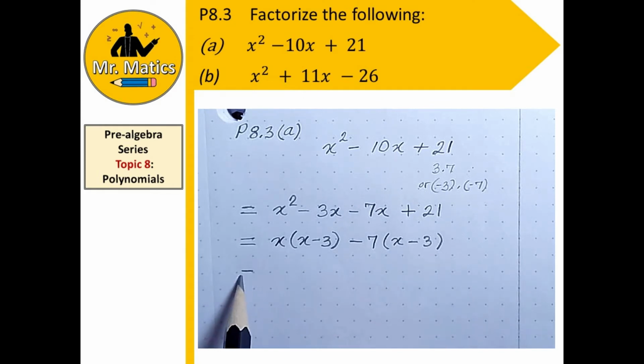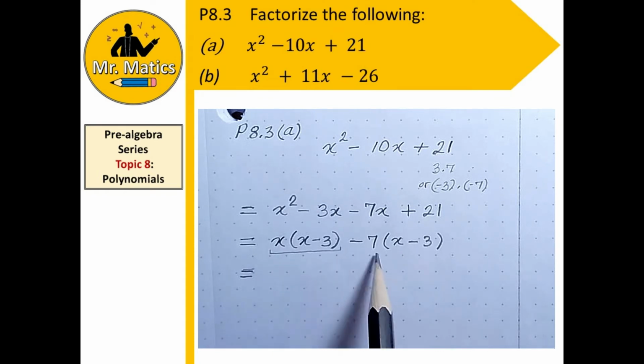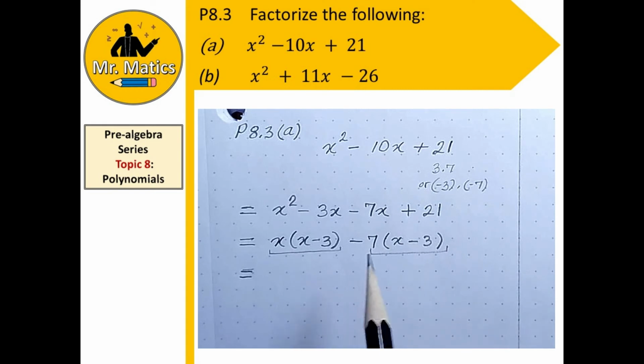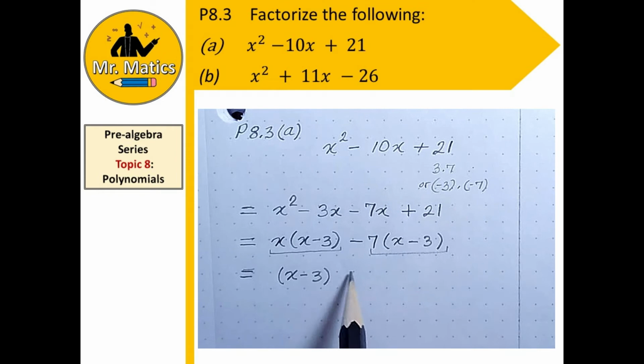Now of these two parts, this part and this part, I can see I can take the x minus 3 factor out. So I should take this out, x minus 3. And what remains is this x and this minus 7. So I get x minus 7.